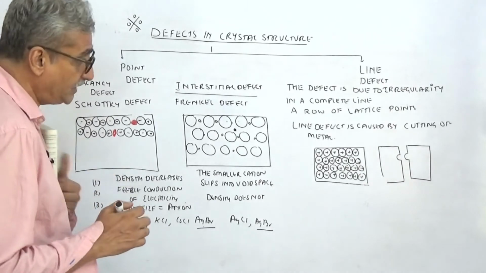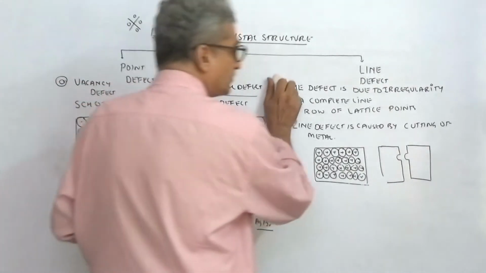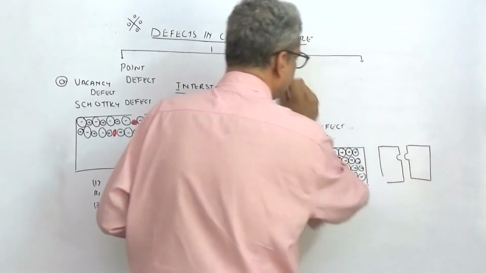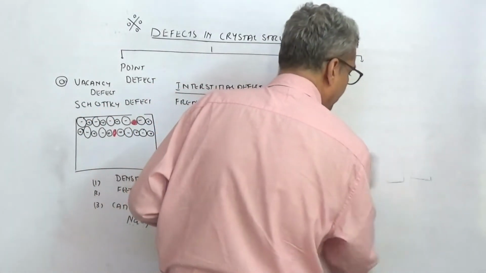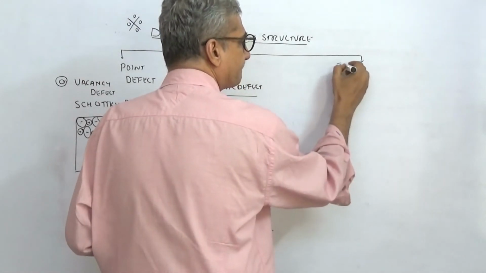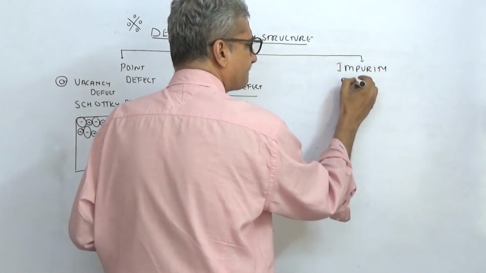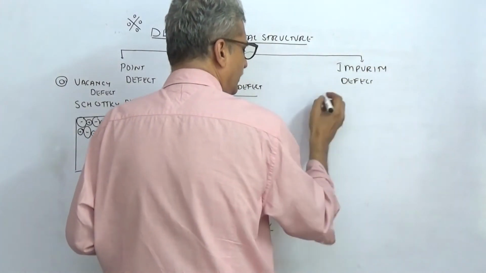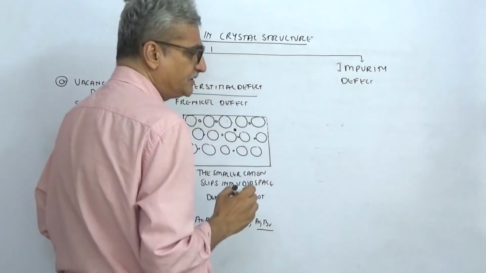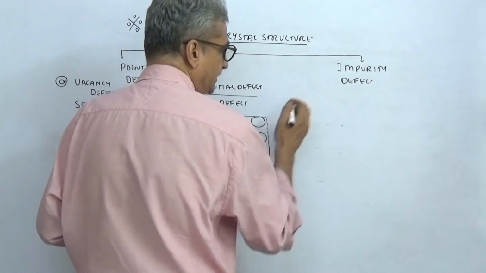Then we come to what? Impurity defect. So I am rubbing off this because this is only one sentence. Then we are coming to the next type, that is impurity defect. So what happens in impurity defect is you have substitutional impurity defect and interstitial.